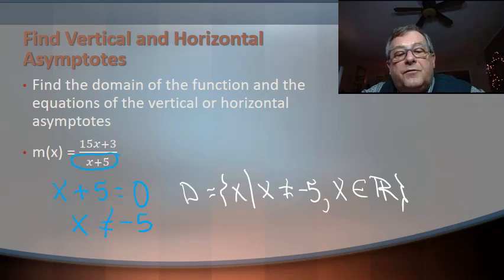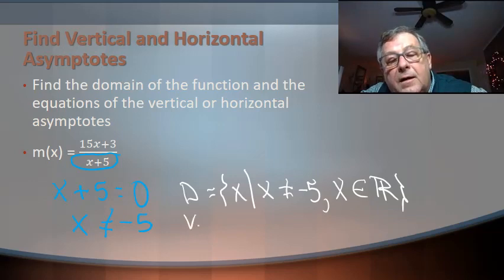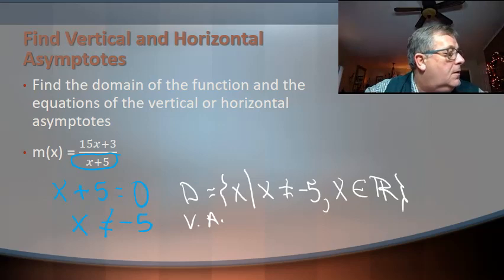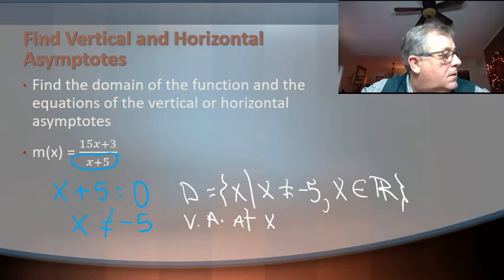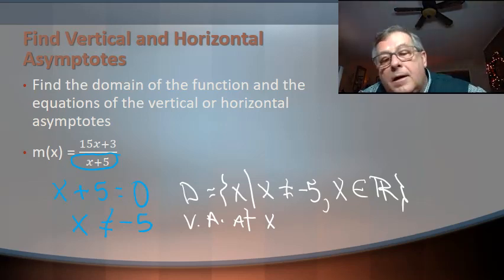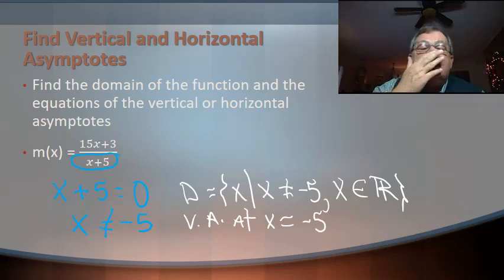Now the equation for that vertical asymptote, and I'm going to abbreviate it VA, vertical asymptote, is at x equals -5.